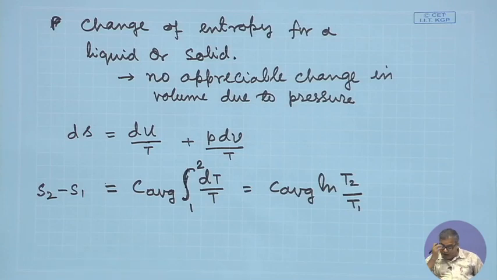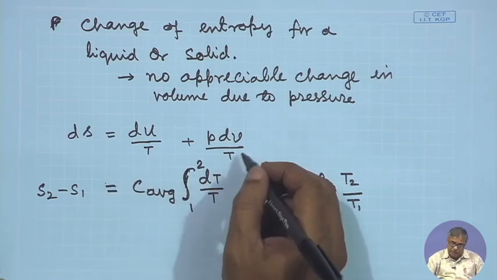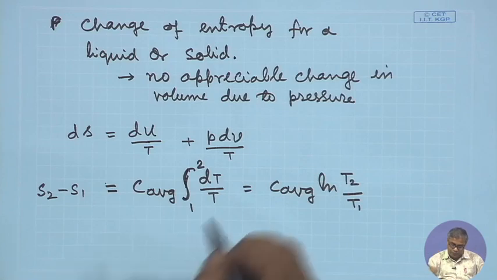So, let me explain what I have written. First, the second term of this equation will become 0.